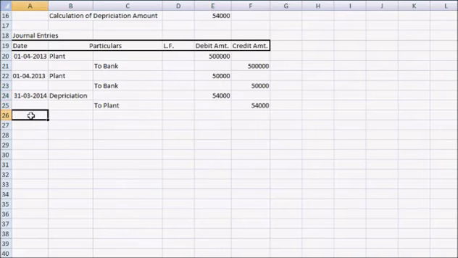And that depreciation would be posted in your profit and loss account. So this is profit and loss account to depreciation.